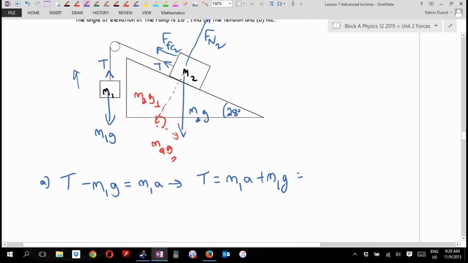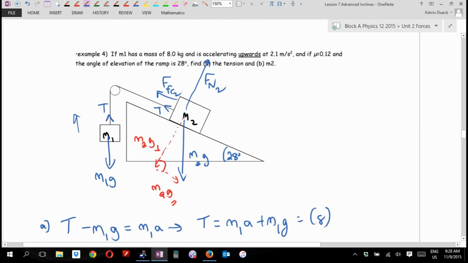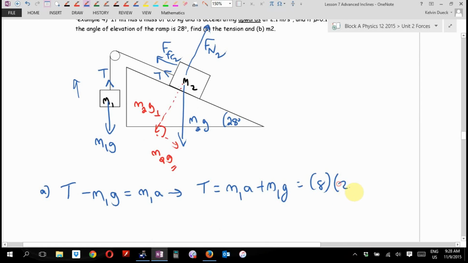They gave me mass 1, 8. They gave me A, 2.1, plus 8 times 9.8. Can I do that in my head? 9.8 plus 2.1 is going to be 11.9. 880, 952?